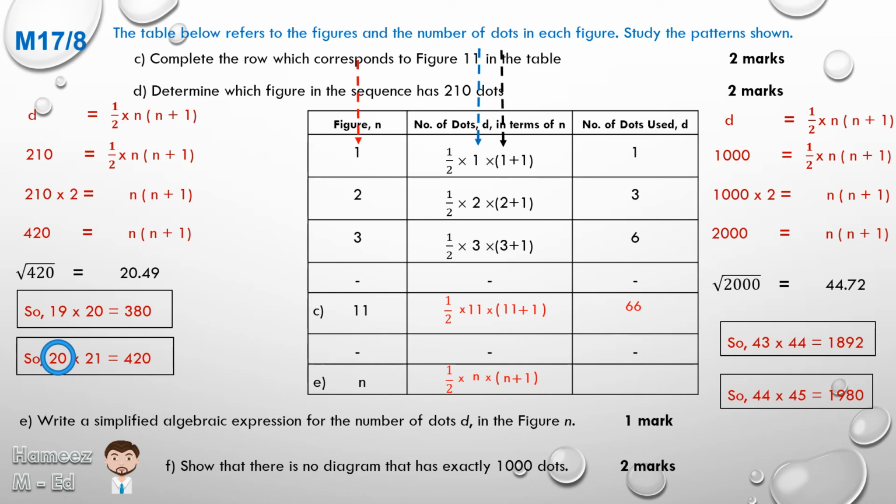Let's try the 45th figure. 45 times 46 works out to be 2070. What does that mean? It means we got nothing that's giving us 2000. We're either getting more or less. So there's no diagram that actually gives us the number of dots that's required.